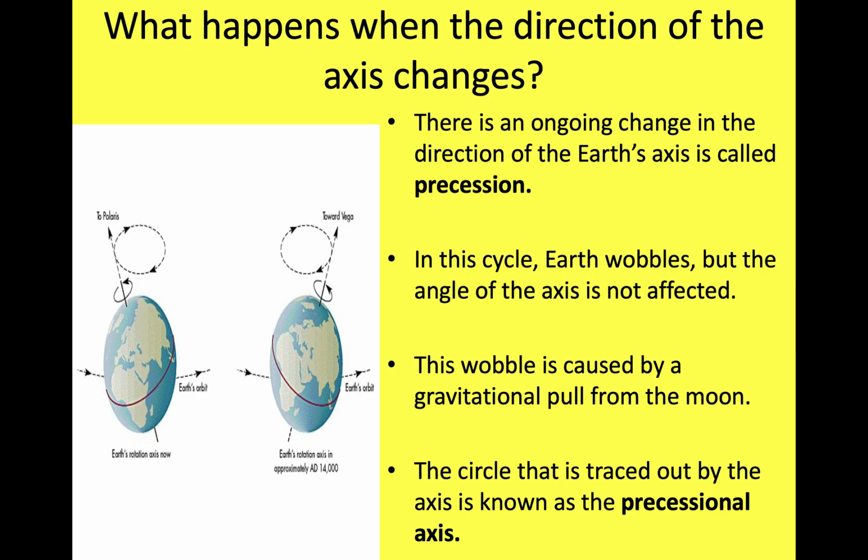It still stays at 23.5 degrees on average, but the direction in which it points changes over that time. This wobble, known as precession, happens because of the gravitational pull from the moon. The imaginary circle that's traced out by the axis, we call the precessional axis.